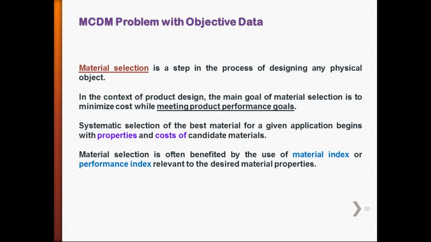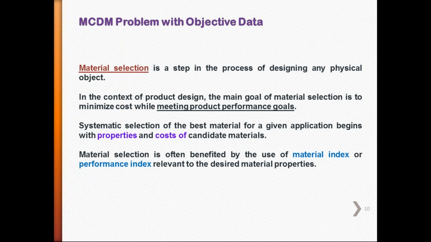Now comes MCDM, multi-criteria decision-making problem with objective data. Here I shall quote one example of material selection. Okay, material selection is a step in the process of designing any physical object.